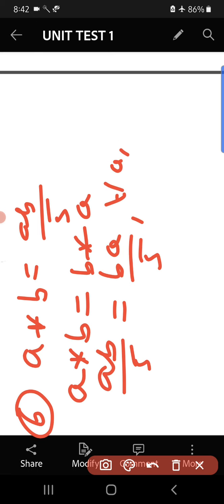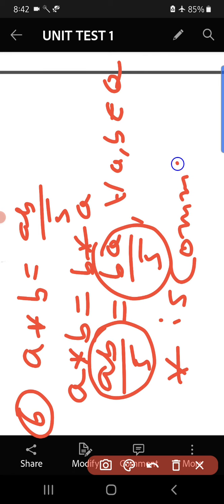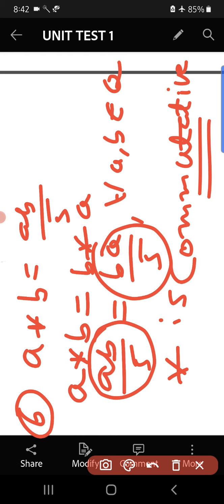Here the elements belong to the set of rational numbers Q. So ab by 5 is equal to ba by 5. This is equal. So therefore star is commutative. We can write it or we can show it through an example. Okay, star is commutative. So let us go for the seventh question.